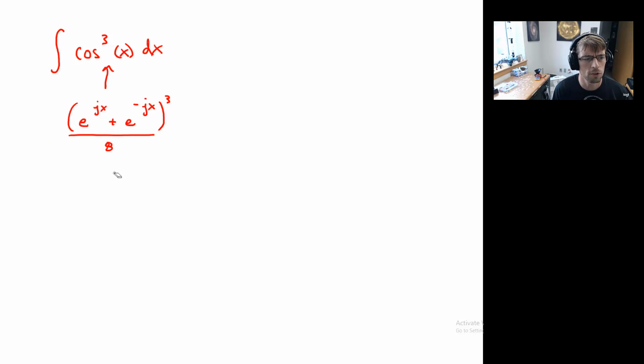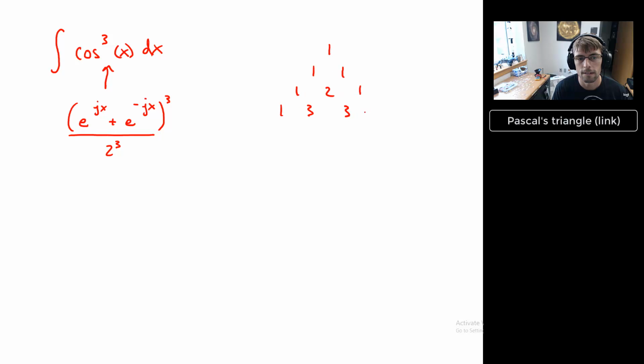Or if you prefer, 2 cubed. Well, now let's go ahead and expand this out. FOIL it. And since it's a perfect cube, we can use Pascal's triangle. In other words, here are the coefficients.